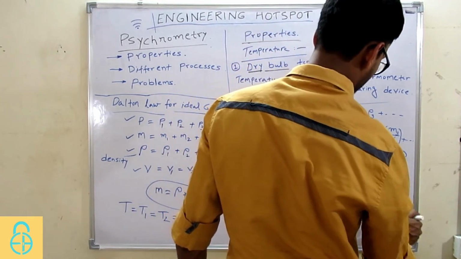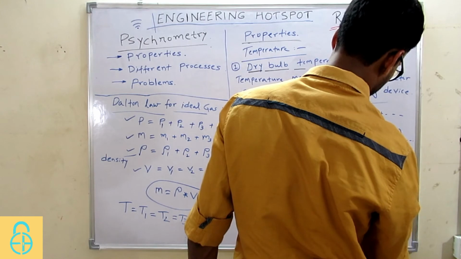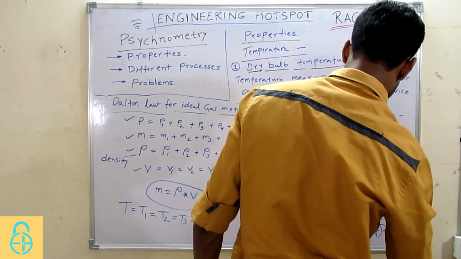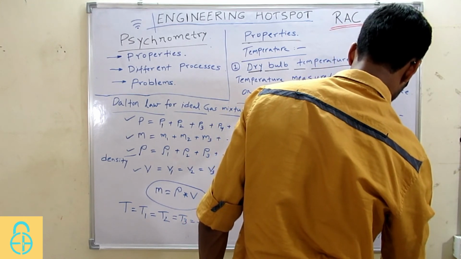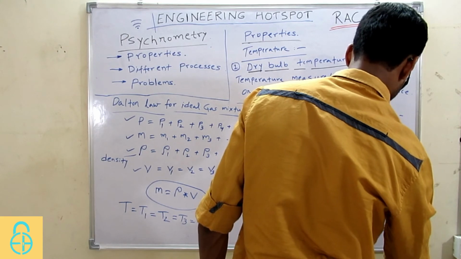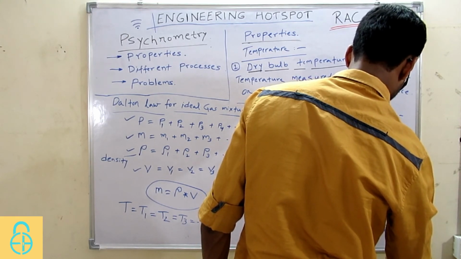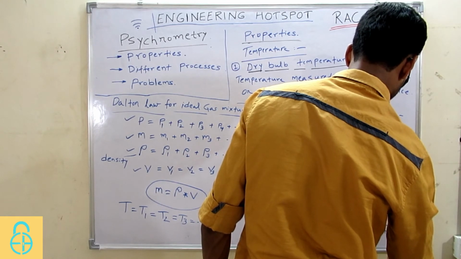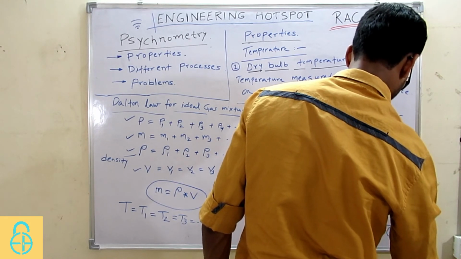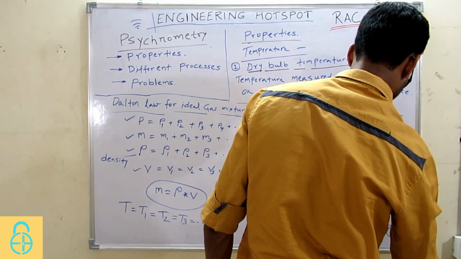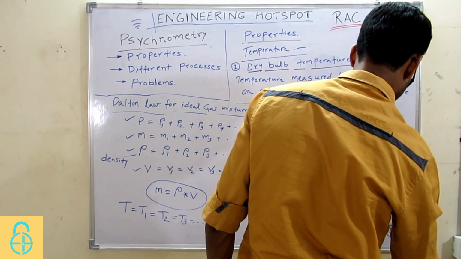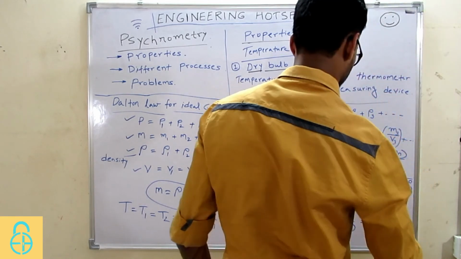So you can write this as one upon rho 1 plus rho 2 plus rho 3 and so on.